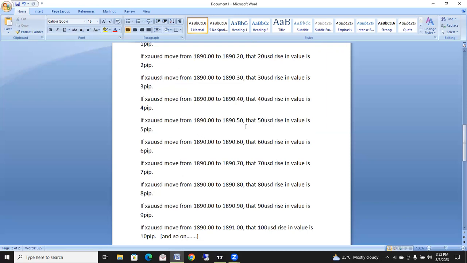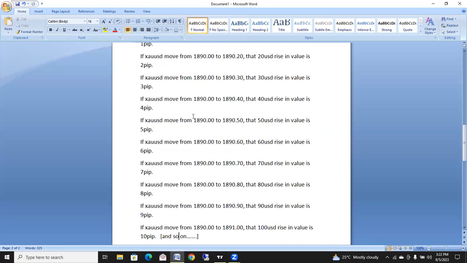Always notice the change where gold moves from. The change in that figure is actually the pip when calculating. So as you can see now, it's 1890.00 to 1890.50.